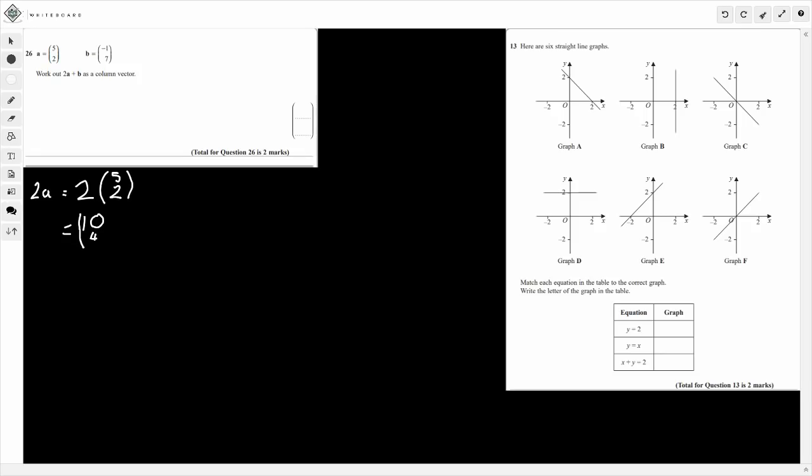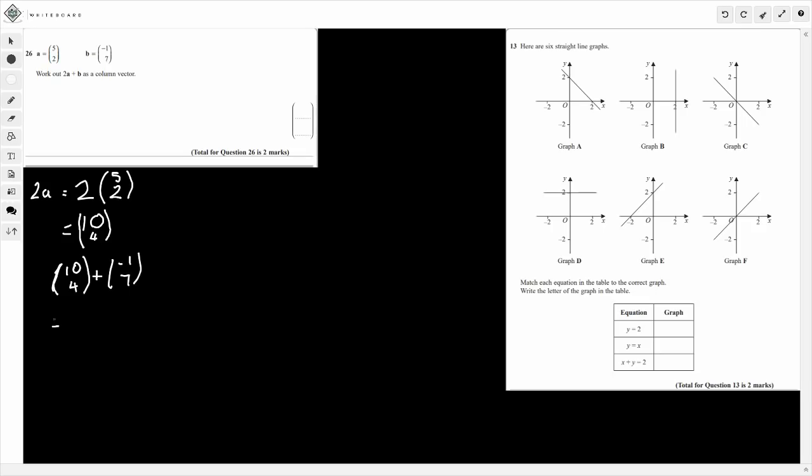Remember, for vectors, guys, and column vectors like this, you just multiply each term individually. So 2 times 5 gives me my 10, 2 times 2 gives me my 4. That's 2a now, that vector there. Well, plus b, so 10, 4 plus b, which is plus minus 1, 7. I know my vectors are a bit messy.